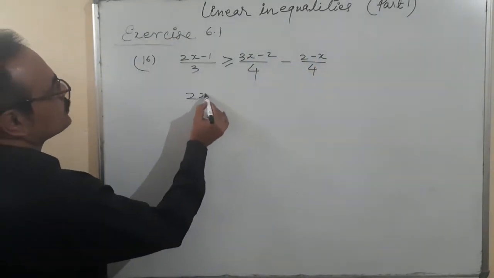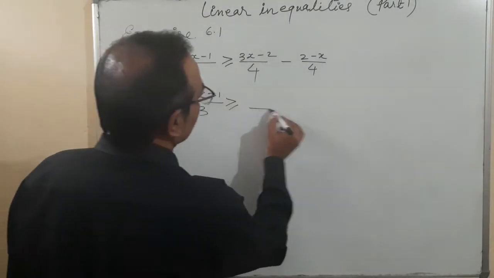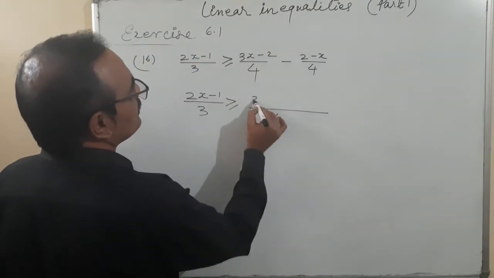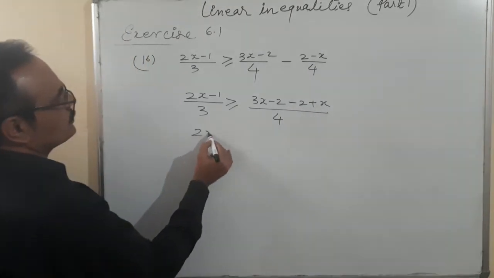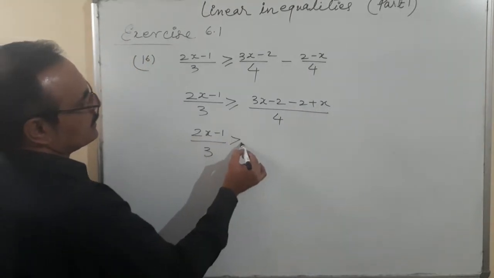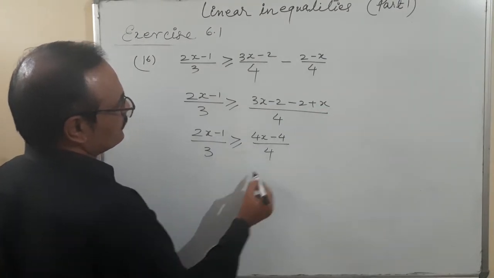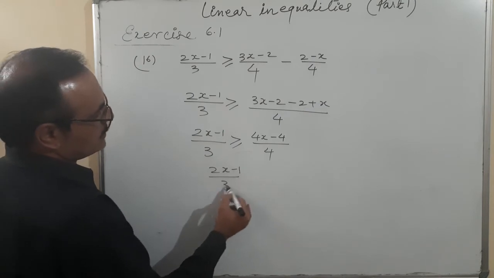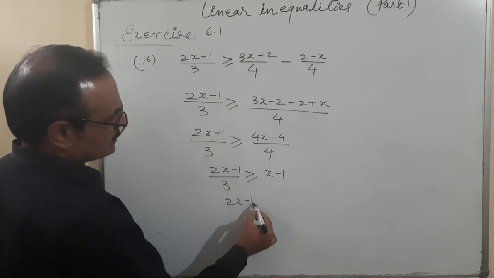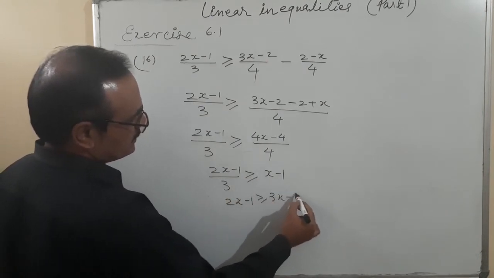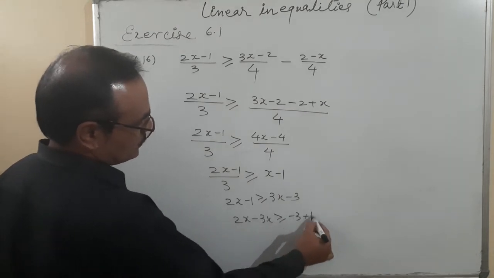So simple, 2x minus 1 upon 3 as it is is greater than or equal to. We'll calculate this portion, LCM is 4: 3x minus 2 plus x, that is 4x minus 4 upon 4. 2x minus 1 upon 3 is greater than or equal to 4 common and cancel, it is x minus 1. 2x minus 1 is greater than or equal to 3x minus 3. 2x minus 3x is greater than or equal to minus 3 plus 1.